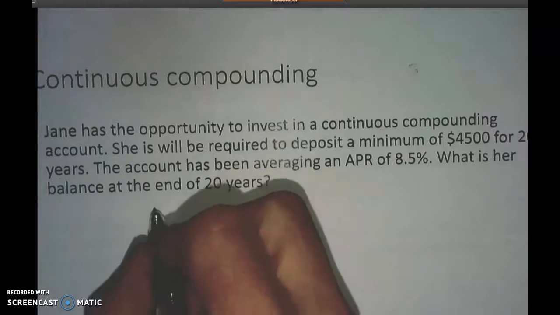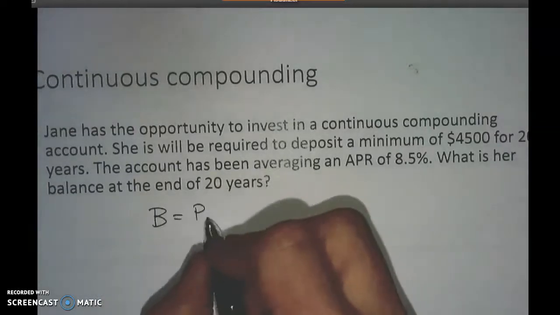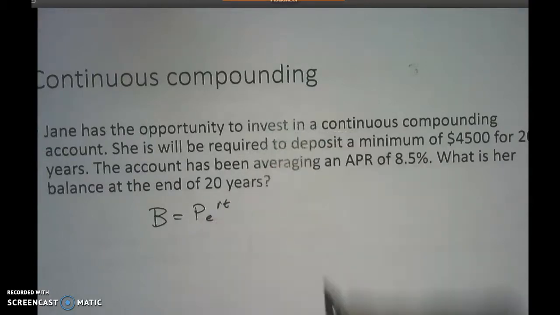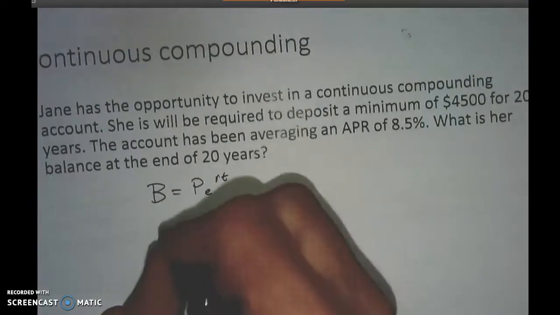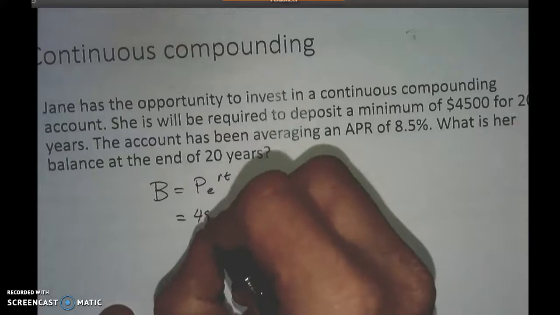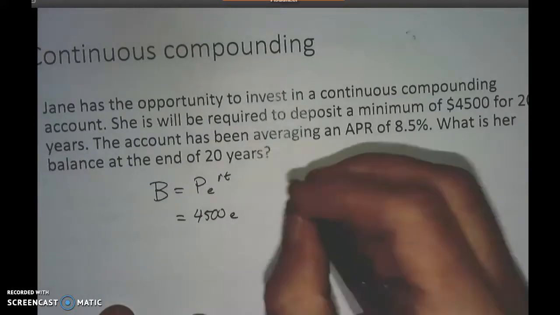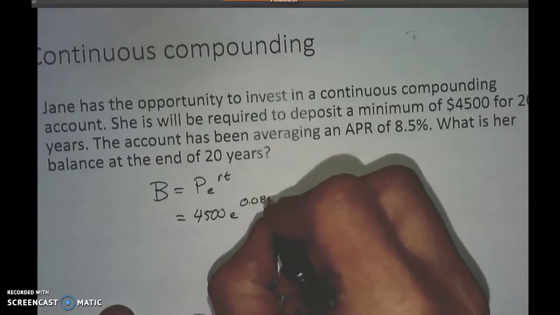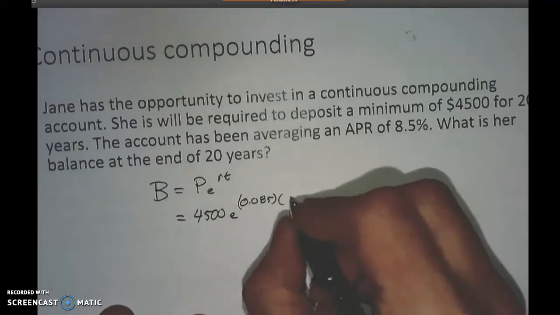So our formula is B equals P times e to the power of R times T. Our principal amount is 4,500. We're going to go e, then our rate, and then our time for 20 years.